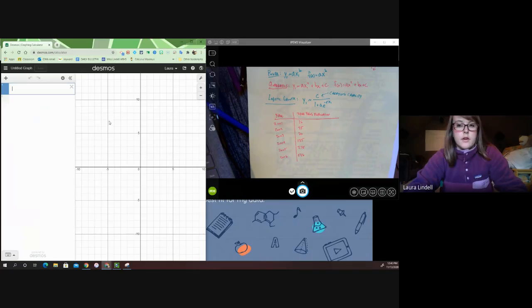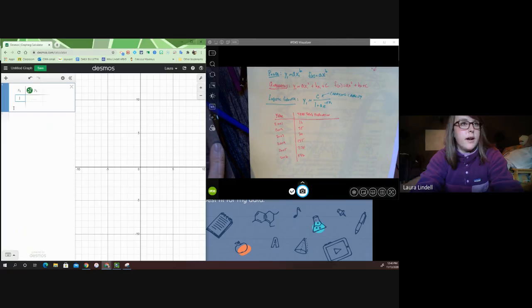Okay. So remember, in order to put our data into a table, first thing you need to do is click the plus and click on table. From there, we need to put in our data. So the X's are going to be the years, the Y's are going to be the population.